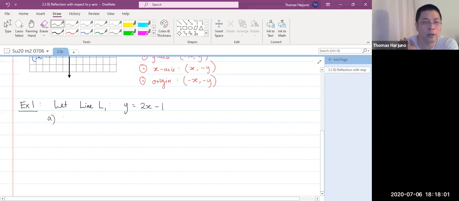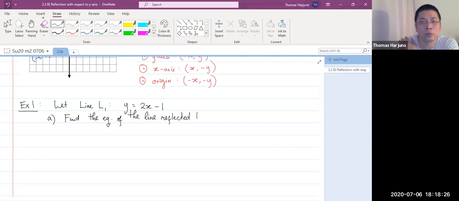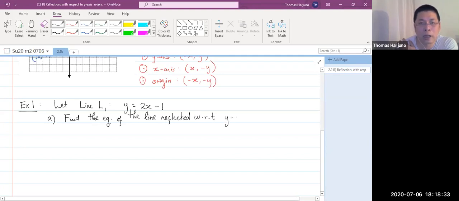Then part A, find the equation of the line reflected with respect to the y-axis.